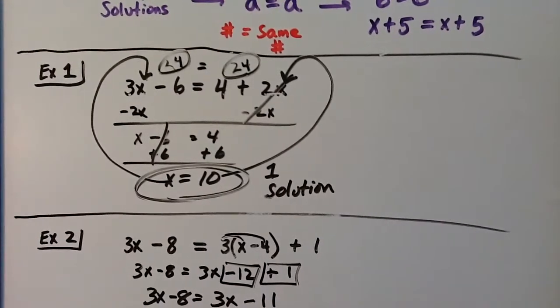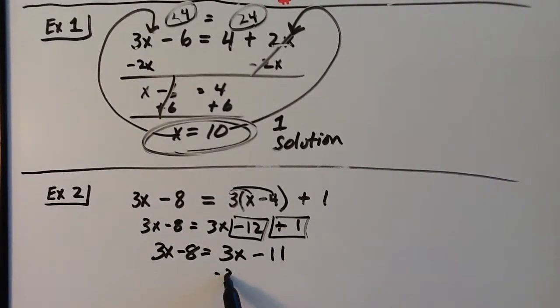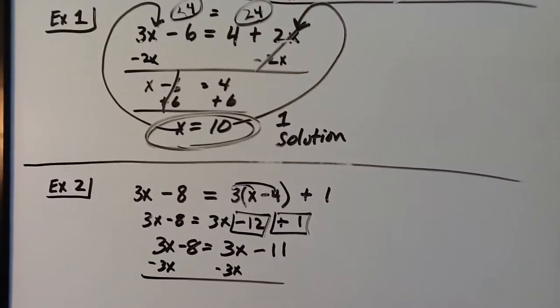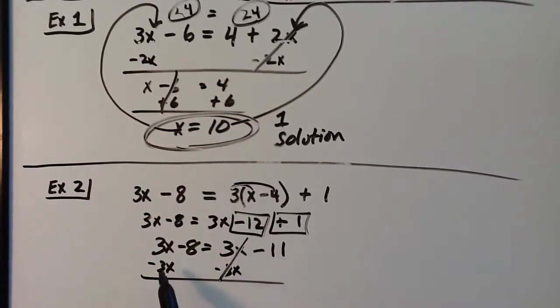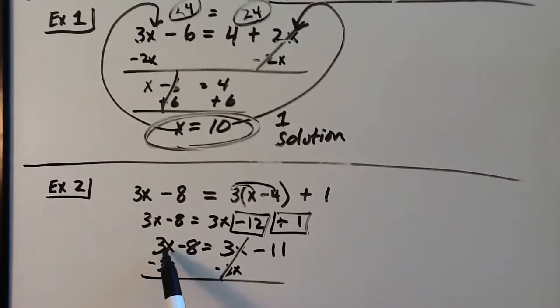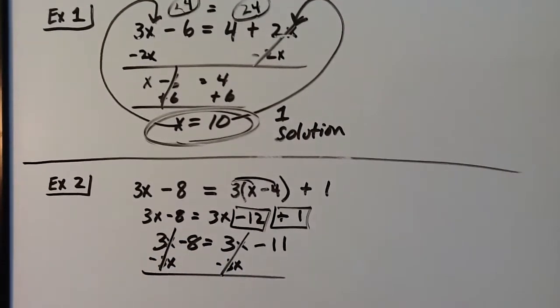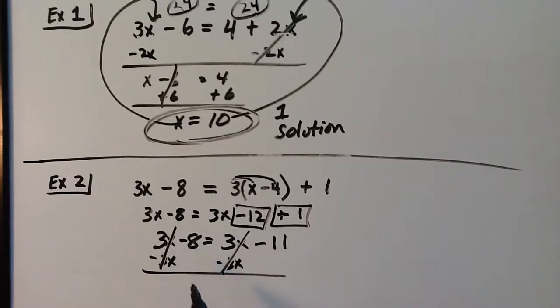Okay, let's try to get my variable on one side. I'm going to move 3x to the other side by subtracting 3x. Now when I do that, do you see what happens? These 3x's cancel, but so do these 3x's, right? 3x minus 3x, those cancel. So what I am left with, on the left side I have negative 8, and if I bring my equal sign down, on the right side I have negative 11.